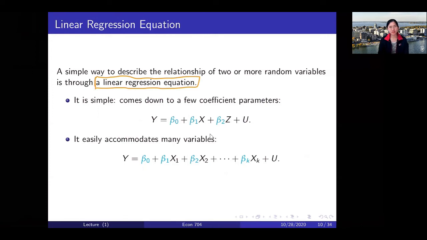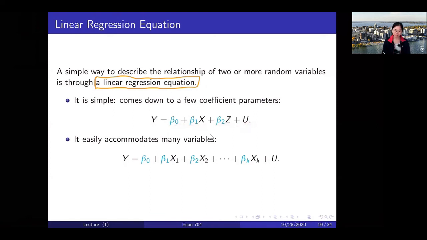So what is a linear regression equation? A linear regression equation relates a dependent variable y to some right-hand side variables, say x and z, in a linear way. So you write y as a linear function of the x and z variables plus u.